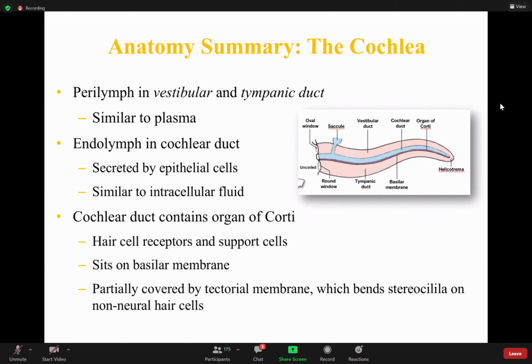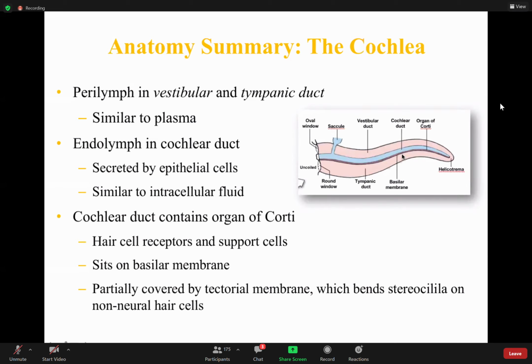This endolymph is released by the epithelial cells, and as it is released, it enables sound to travel longer distances, and for good reason, because sound, when it is underwater or in wet conditions, travels much further and faster compared to thin air.